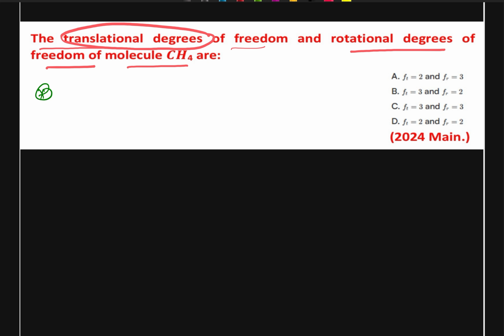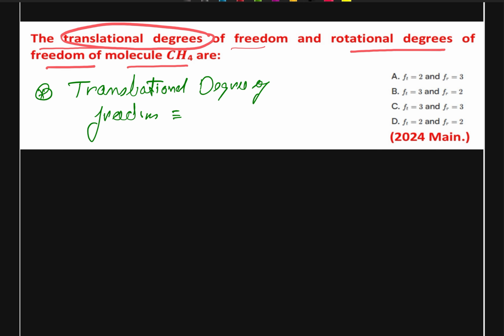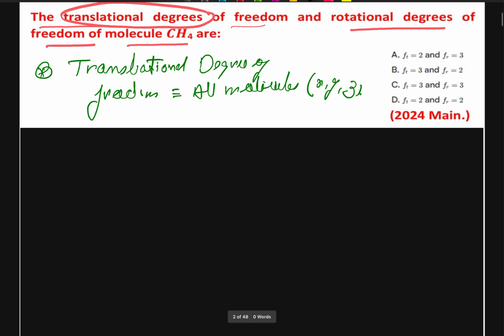Therefore we can say that our translational degrees of freedom, for all molecules, because of 3 axes, x-axis, y-axis and z-axis, our f of t will always be equal to 3.